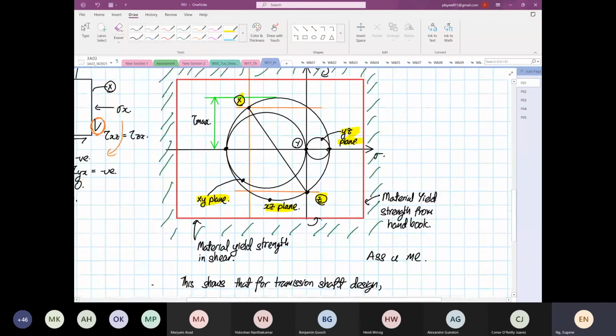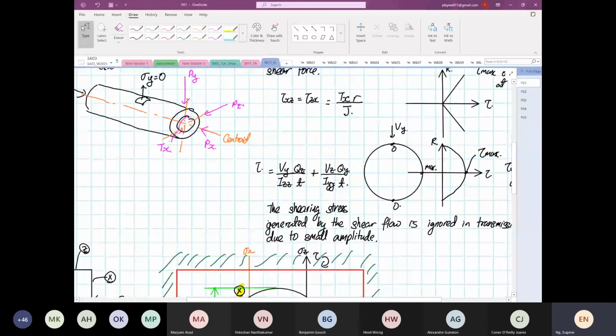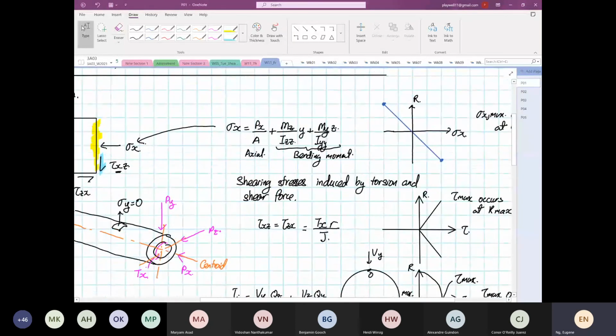So when I wrote this out, this is more of a general solution. This term over here is more general. General means I assume there's a normal stress loading on the shaft.